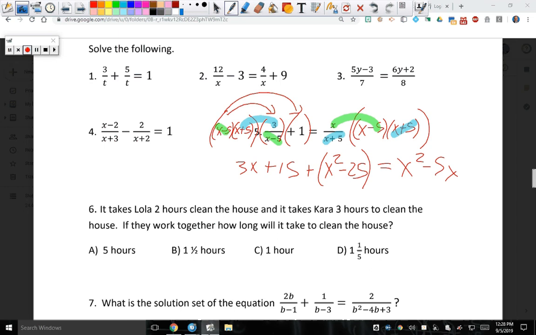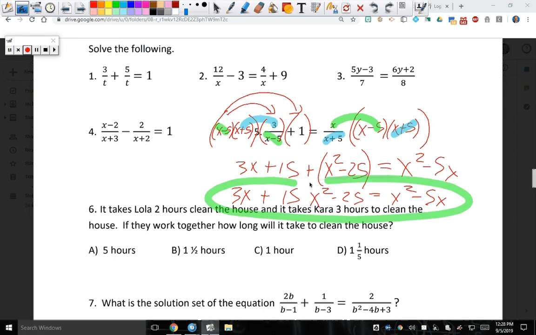Do you see how the x squareds are going to cancel to 0? Can you see that? So x squared minus 25. If I get all terms on one side, first of all, real quick, I've asked you this question before. When you see something like this, should you think, man, I got to get this equal to 0?